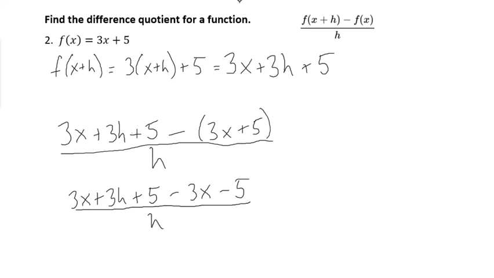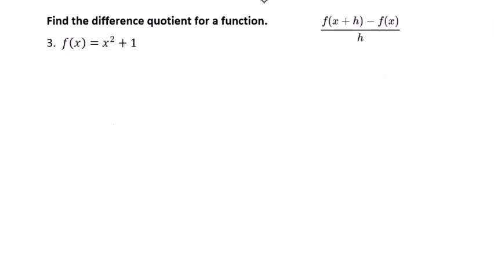And now we can look at what cancels. 3x subtract 3x is gone, 5 minus 5 is gone, and we are left with 3h over h. And just like before, those h's will cancel out, and now you are just left with your final answer of 3. All right, let's look at our final example for the day.